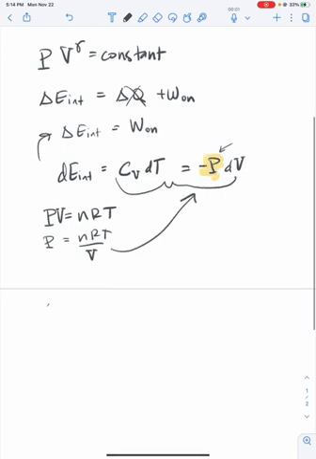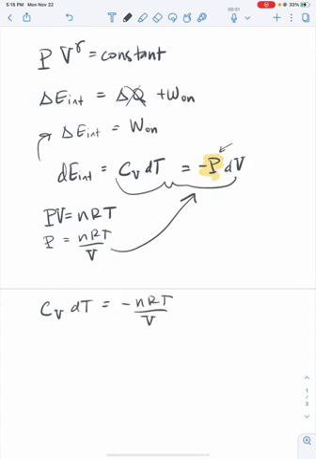So then we will have that CV dT equals negative nRT over V dV. Now, temperature on the right is a variable, right? And so we need to isolate our variables.